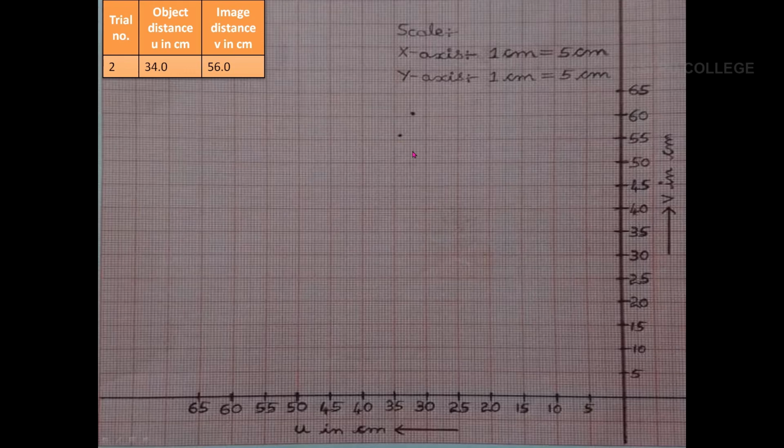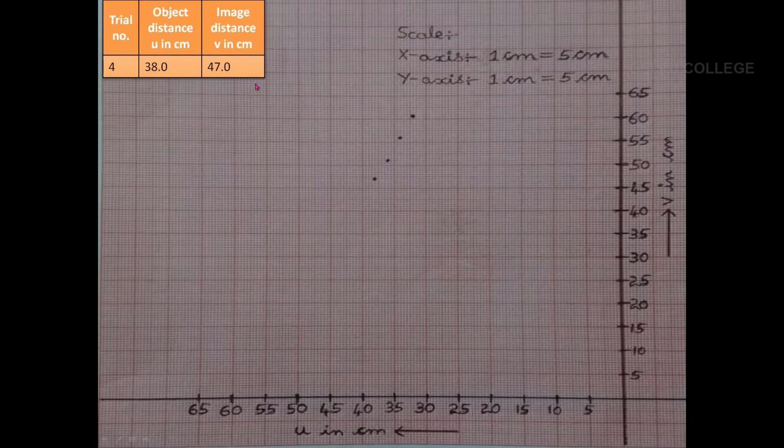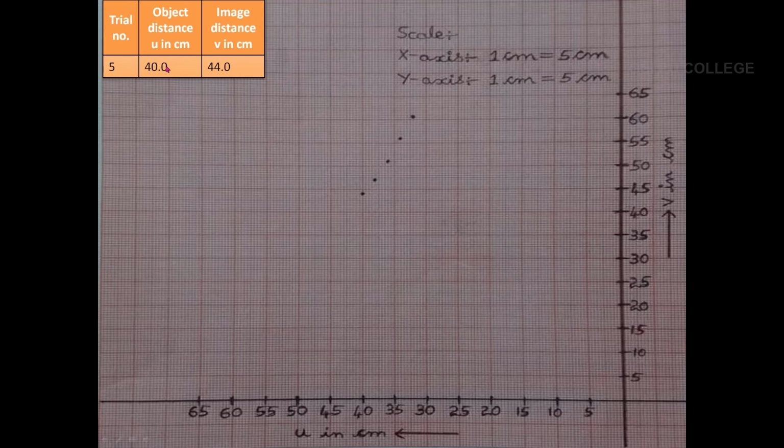Next, similarly, the third one, for 36 centimeter, image distance is 51 centimeter. Let's continue. For 38 centimeters, image distance is 47. This is a point. Next, for the object distance of 40 centimeter, image distance is 44.